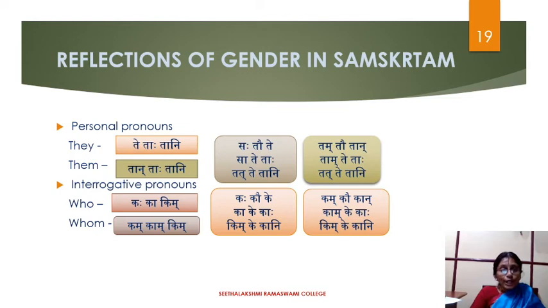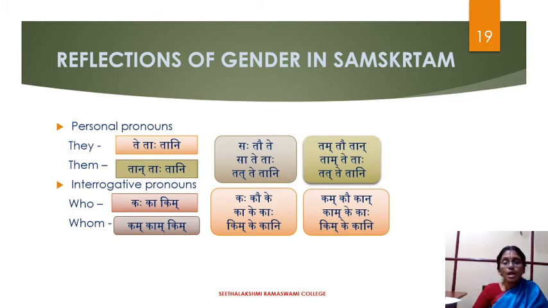Similarly, for interrogative pronouns also, we have gender markers in Samskritam. Kaha, ka, kim for "who": kaha, who, masculine; ka, who, feminine; kim, what, neuter. Then for "whom", kam, kam, kim. Similarly, I have given all the forms here, with all the gender variations in the numbers also.